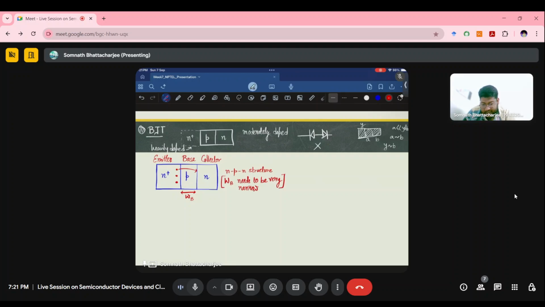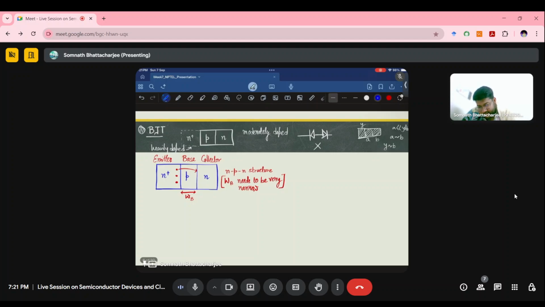This is a basic condition. Because of that, it can't be made with two different diodes. We can't connect two diodes side by side and call it an NPN transistor, because WB needs to be very narrow.